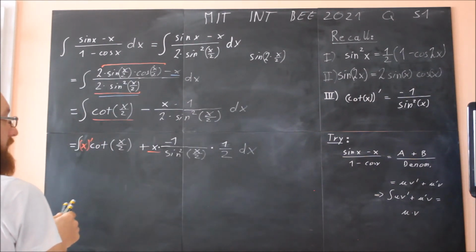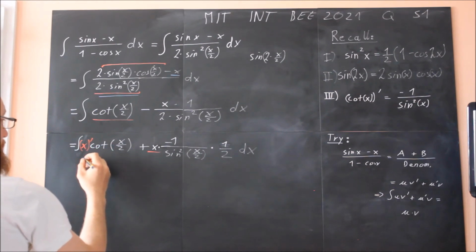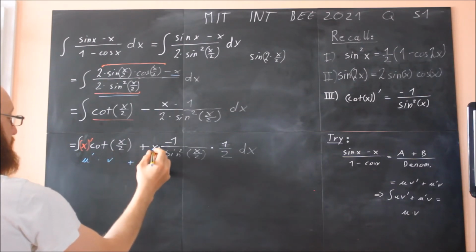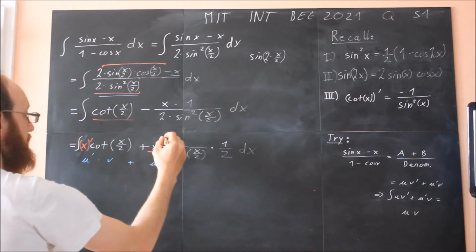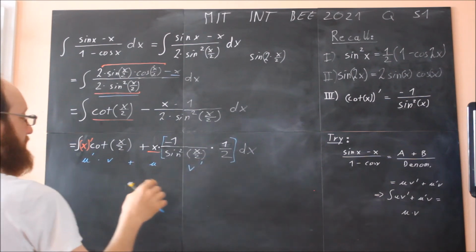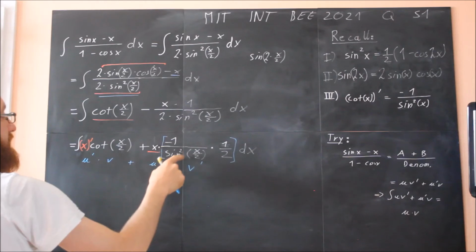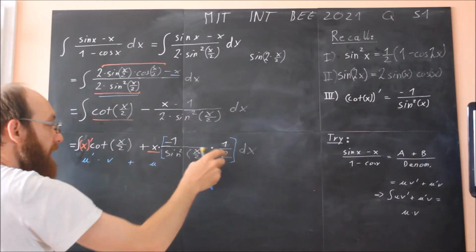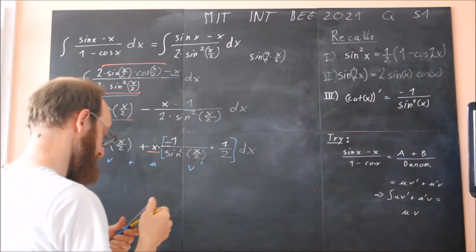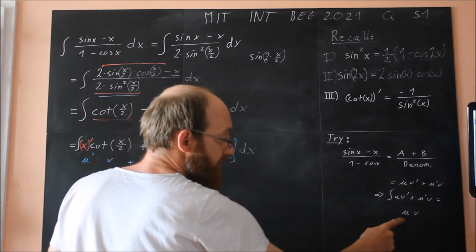Why do I do that? Now we have the pattern u prime v plus u v prime, and the whole blue part is v prime. This is exactly the derivative of the cotangent of x over 2, so minus 1 over sine squared x over 2 times 1/2. This is exactly the product rule.